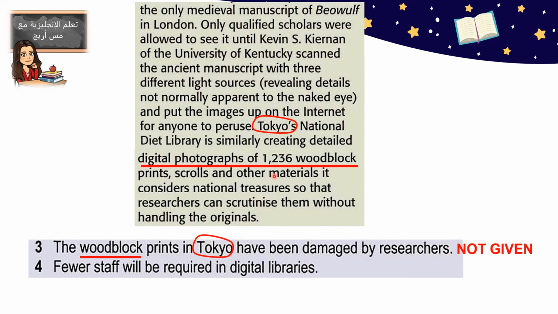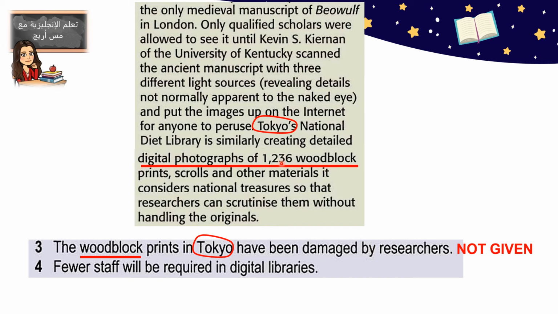Okay? If you notice here, see how they always try to trick you into choosing the wrong answer. Here they don't write the same information. They talk about woodblock prints, they talk about Tokyo, but they didn't mention that they were damaged.